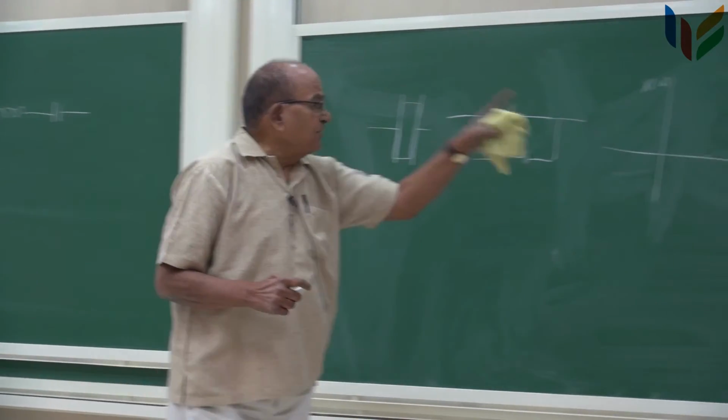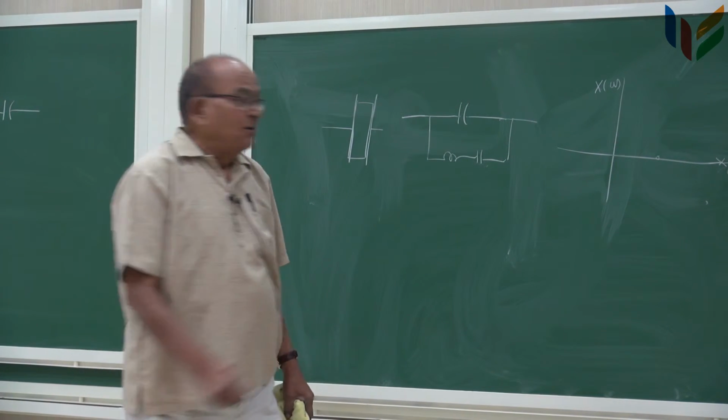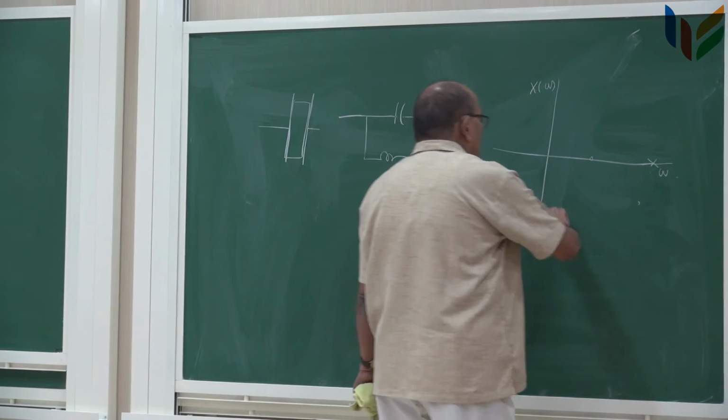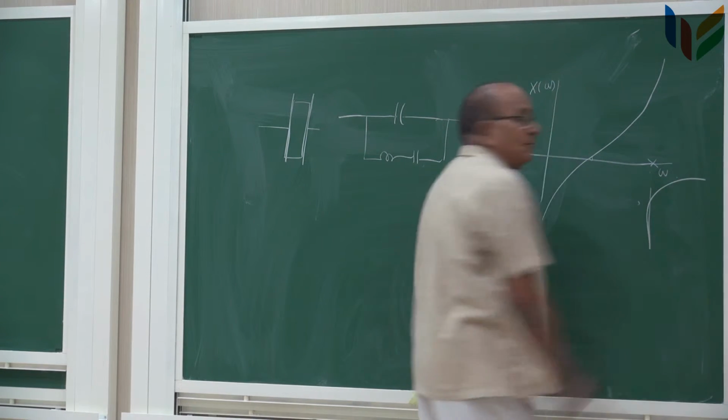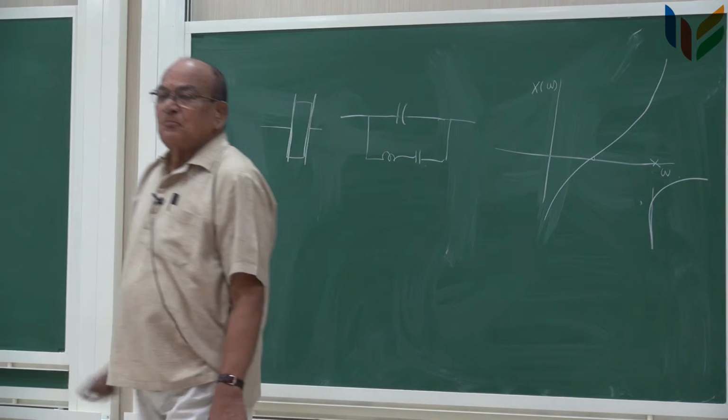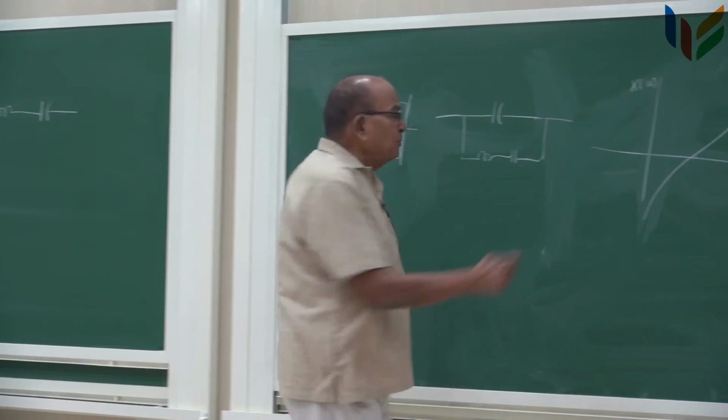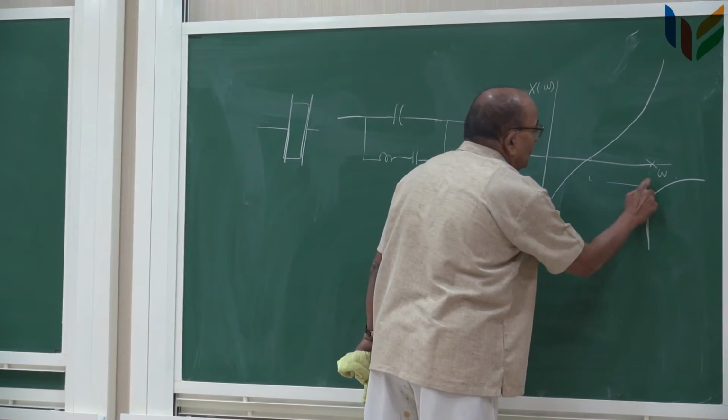So, how does the variation look like now? The variation looks like this. And usually these two frequencies are quite close.